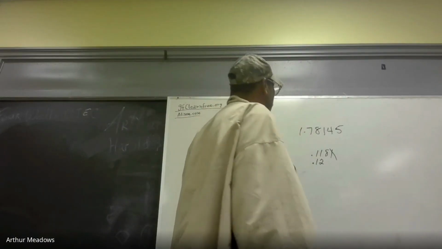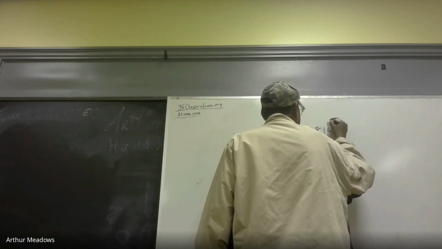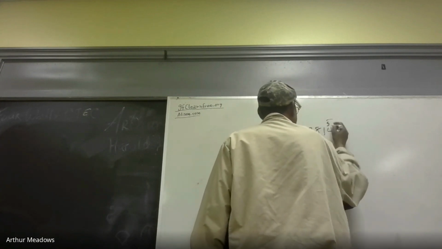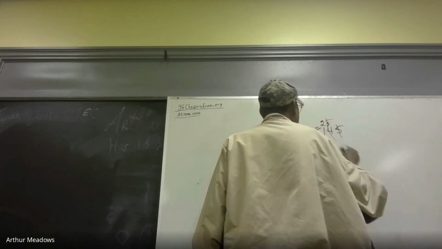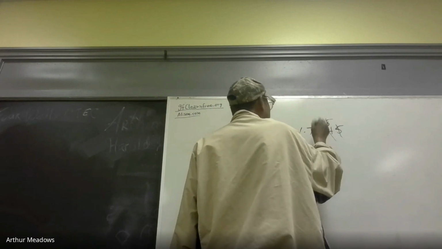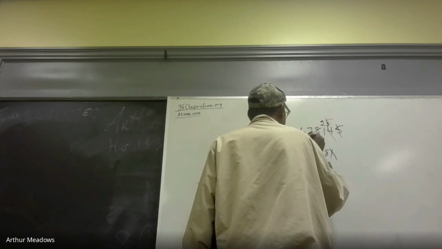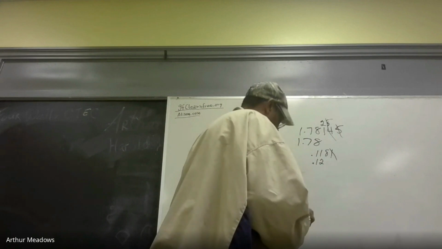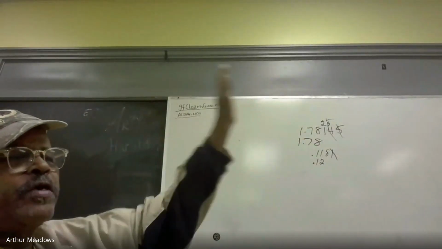Will this change that to a 5? Absolutely. So that makes this a 5. Will that 5 change that to a 2? Absolutely. So this becomes a 2. Is that 2 higher than 5? No. So the answer remains 1.78. Hundredths. We got it? Yeah, we just went through an extra number.